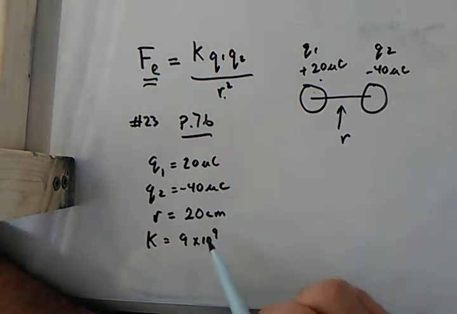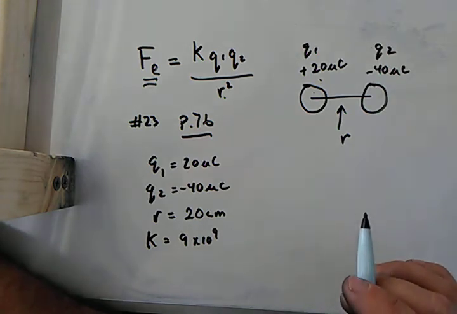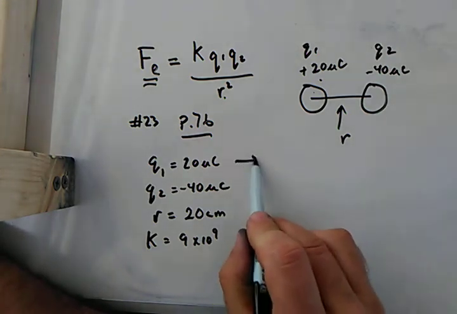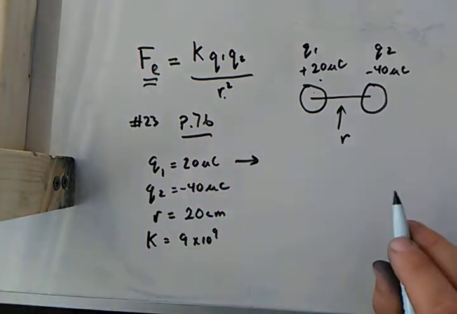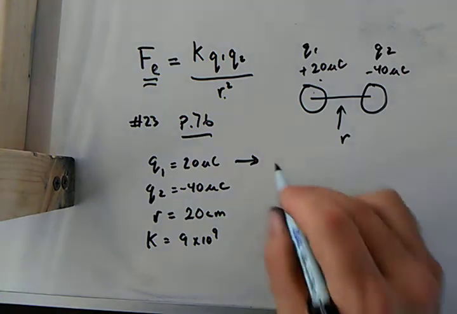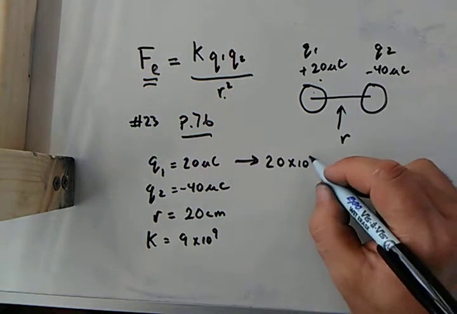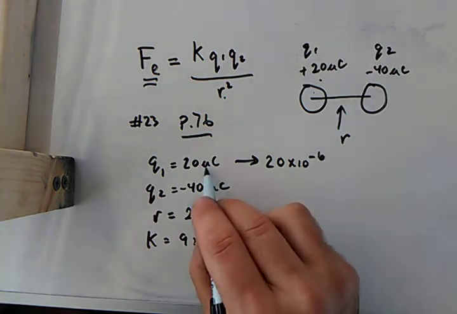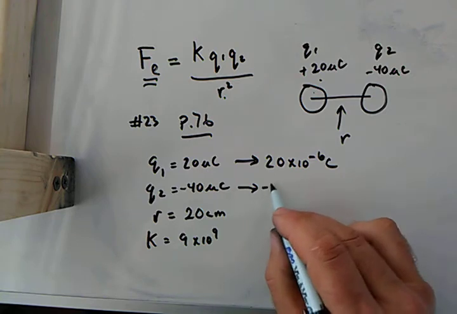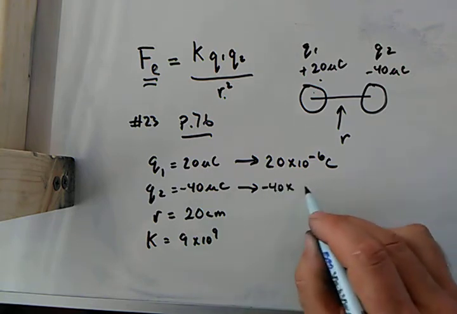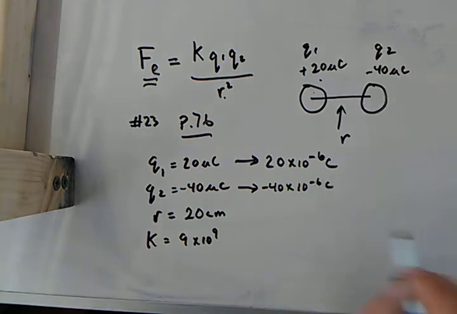Look, we've got everything we need, but we've got to clean it up a little bit. So 20 micro-coulombs, all that means is it's 20 times 10 to the negative 6 coulombs. Remember, micro means negative 6. Negative 40 micro-coulombs is negative 40 times 10 to the negative 6 coulombs.